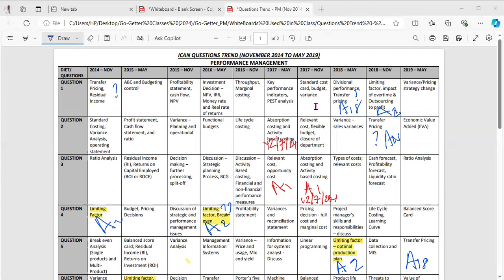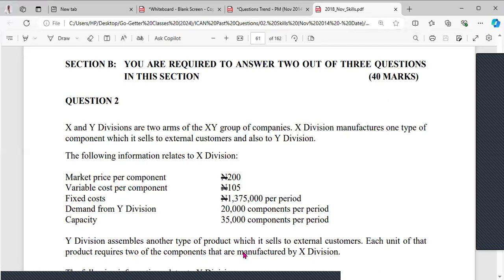All right, so this is the question. I don't know why it's not reflecting. Okay, now I can see it reflecting.